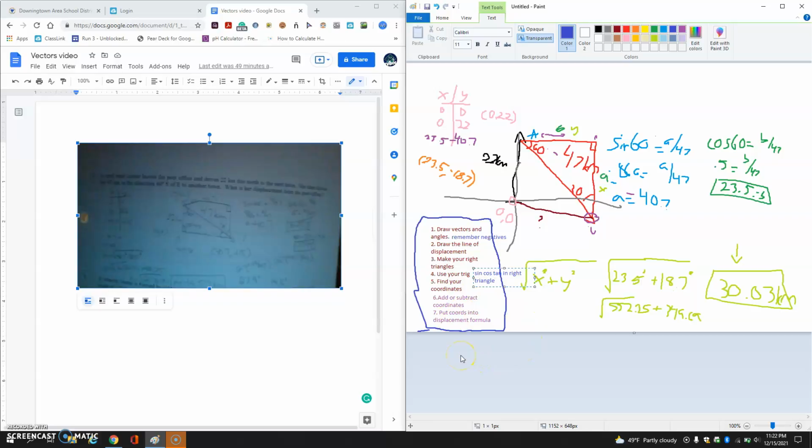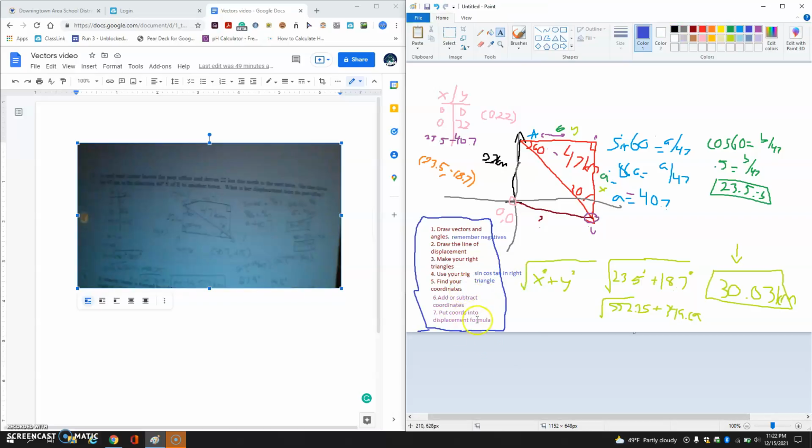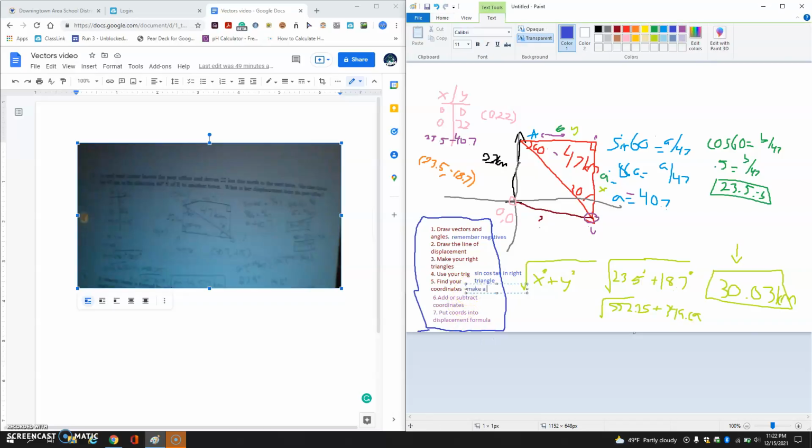Find your coordinates, like I showed you. Make a table. Add or subtract the coordinates. That's easy. And then put your coordinates into your displacement formula.